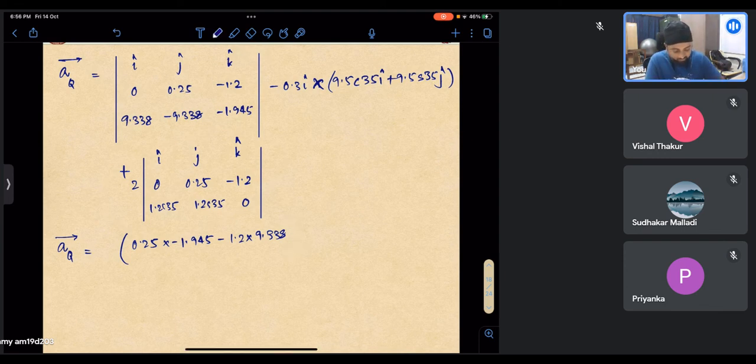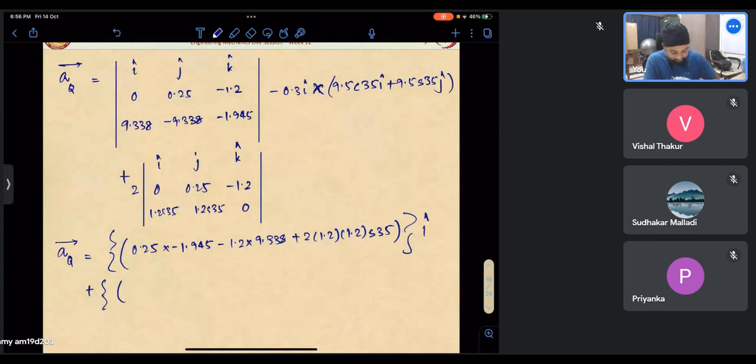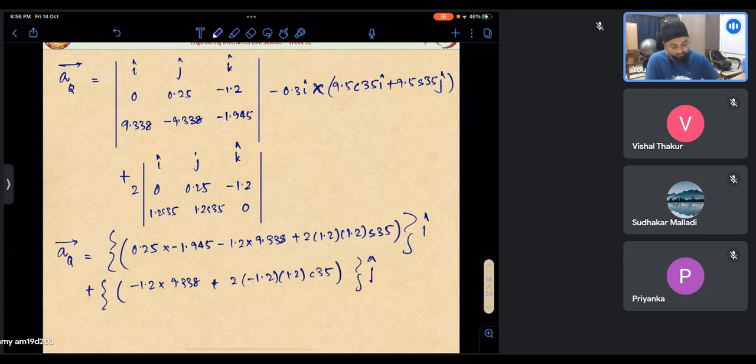It will be 0 plus sin 35. So this entire thing is my I. Similarly, j cap, if we do it component wise, it will be minus 1.2 into 9.338, 0. This doesn't give, and then this will give me minus 1.2 into 0.2 cos 35. This is my j cap component.